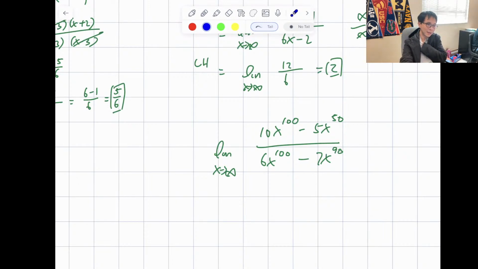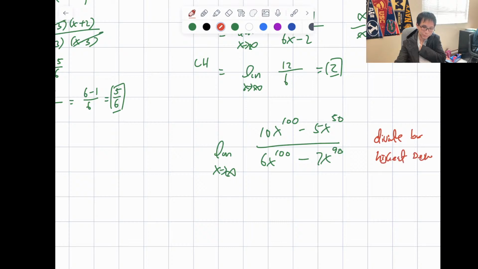Technically, for the same degree, you're going to divide by the highest degree of the denominator. Remember that? Divided by the highest degree of the denominator. Because you can divide by x to the 100. Because then you have 1 over infinity. Yeah, I'll show you in a second.